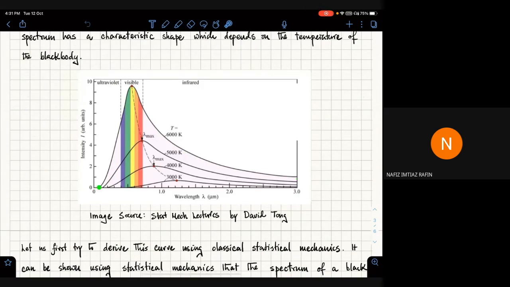As the wavelength increases, the intensity increases until you reach a maximum, and then the intensity decreases and slowly asymptotes to zero. So the object is radiating with different intensity at different wavelengths or frequencies.